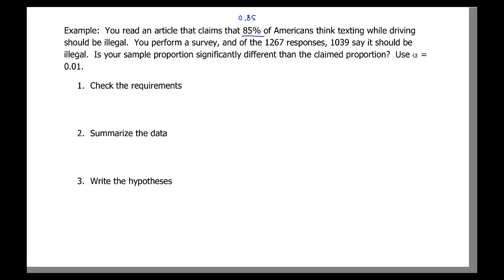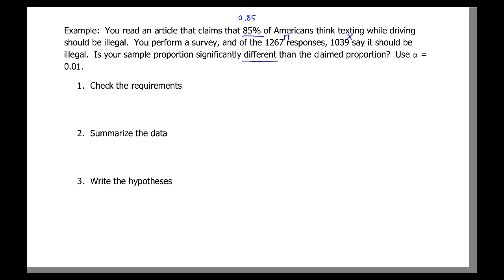So you perform a survey, and of the 1,267 responses, that's the total number of people in your survey, that's going to be n, 1,039, that's going to be x, how many say a certain thing, say it should be illegal. We want to know, is our sample proportion, the 1,039 out of 1,267, is that different from the claimed proportion of 0.85? And they give us a value of alpha to use.